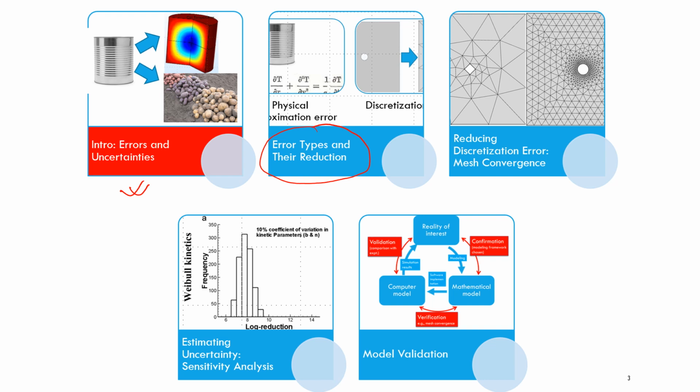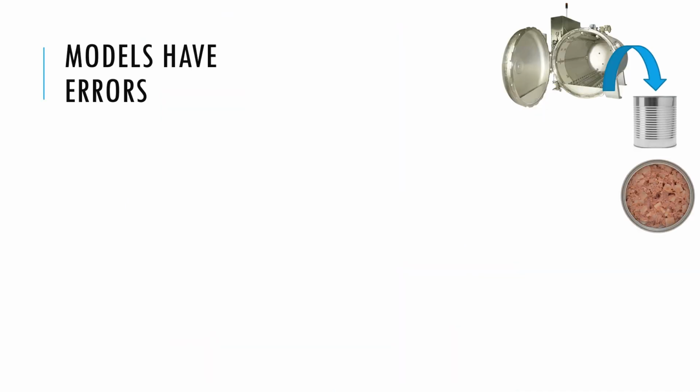And then after that, we'll get into reduction of one type of error, the discretization error. And this will be followed by estimating uncertainty. So how can we estimate the uncertainty of a model? And finally, we get to model validation, where we discuss how we can reduce the error and uncertainties in the model.